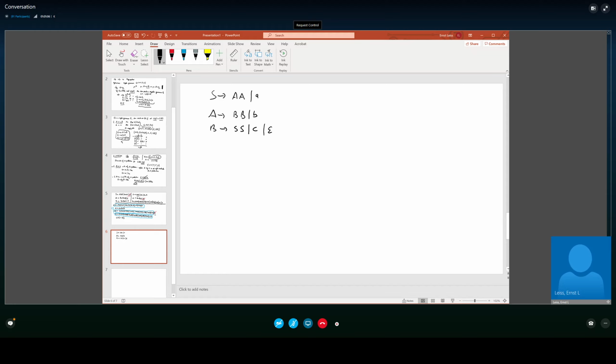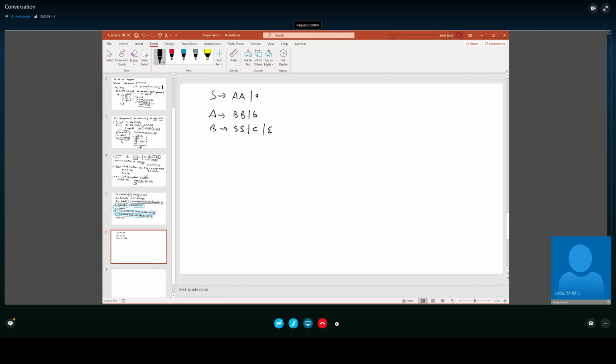So the way we do that is we look at the right-hand sides of the productions and replace or not replace the B by epsilon. There's only one production that has a capital B on the right-hand side, A goes to BB.